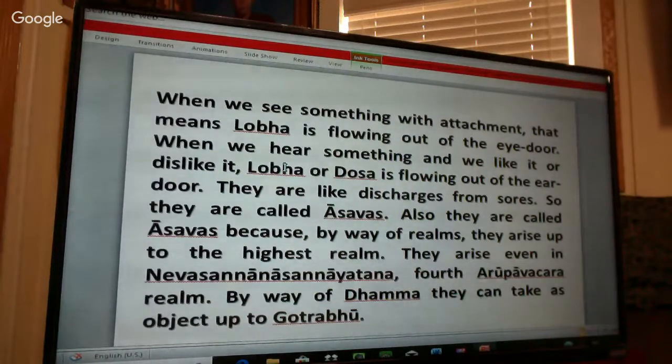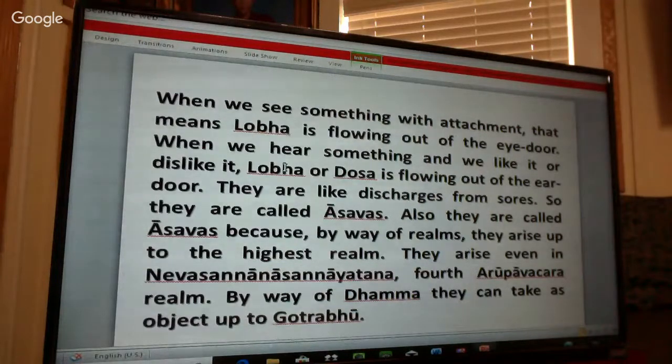So they look like the discharge from a sore. From our body, much blood or pus flows out like this. So they are called asava. Asava means that, a wide range. A permanent drink, an intoxicant drink like this.